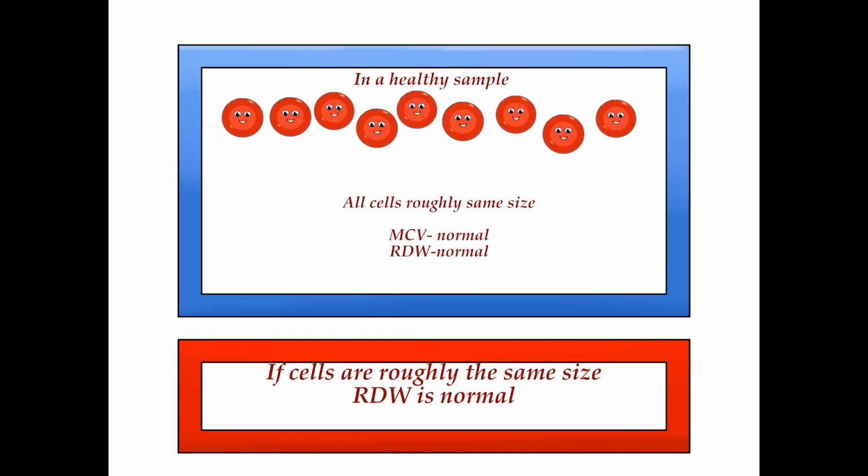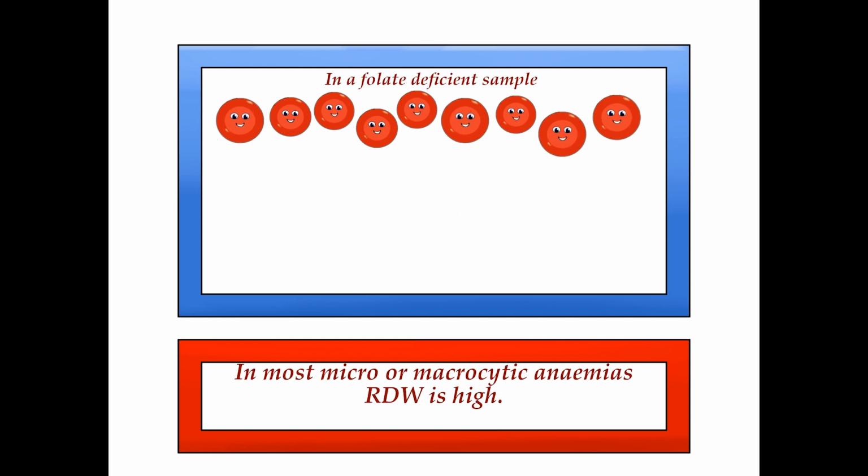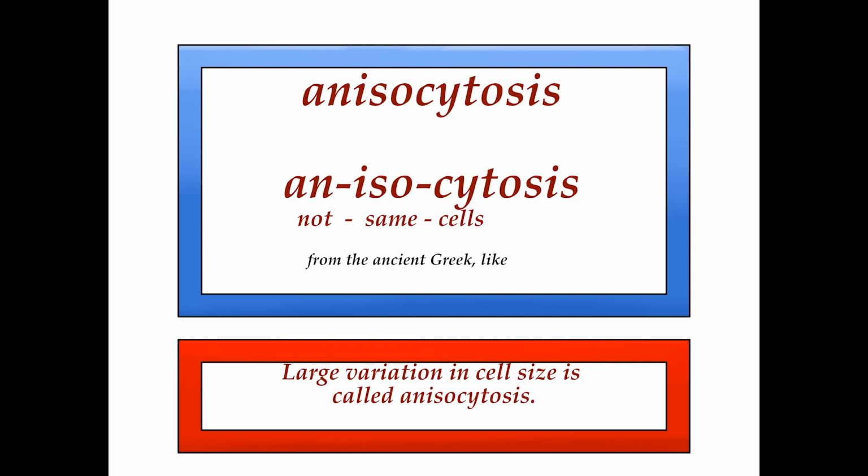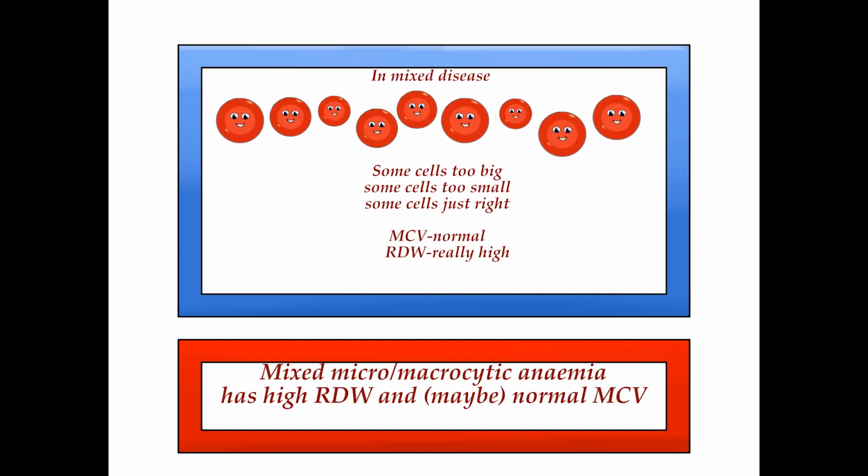So if all cells are roughly the same size, RDW is low. If you have a macrocytic or microcytic anemia, it will go up as the mixture of cell sizes varies, and you have a mixture of large, small, and normal cells. It's what's called anisocytosis, so not all cells are the same size. You'll see a change in the RDW.